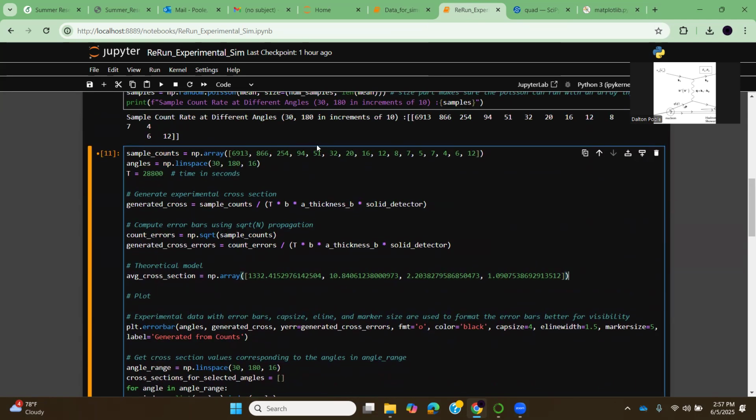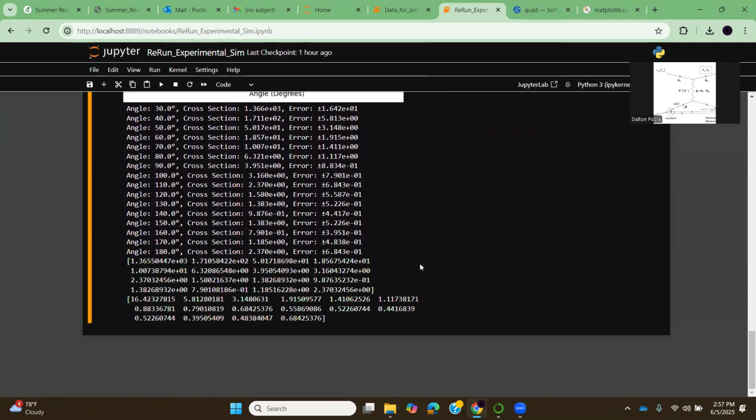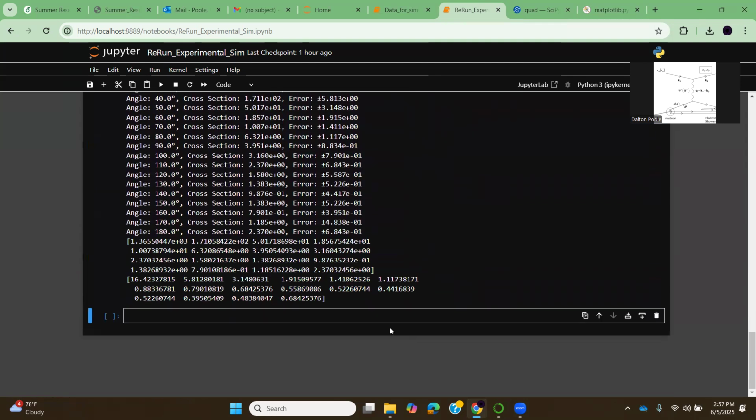Like I'm gonna take these sample counts and I'm gonna shrink it to be at these 4 values instead of 16, which I've got here. So I'll have to do that, but that's a lot easier compared to actually making sure my bar graph is running like I want it to.